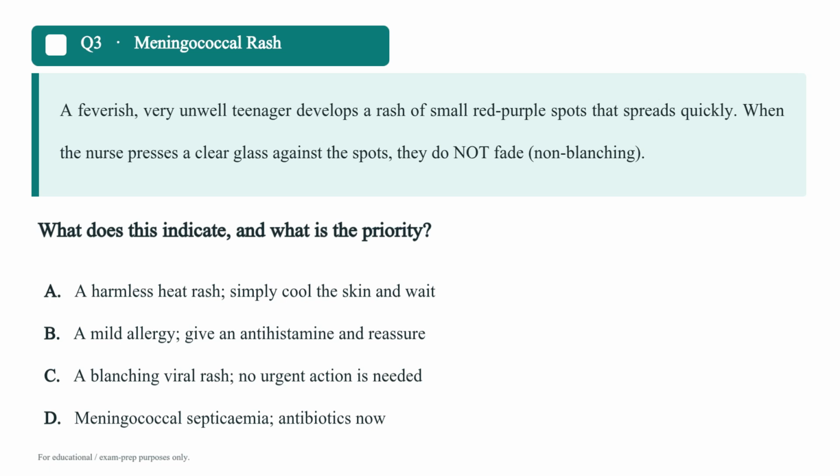Simply cool the skin and wait. Option B. A mild allergy. Give an antihistamine and reassure. Option C. A blanching viral rash. No urgent action is needed. Option D. Meningococcal septicemia. Emergency antibiotics now. Pause here and choose your answer.